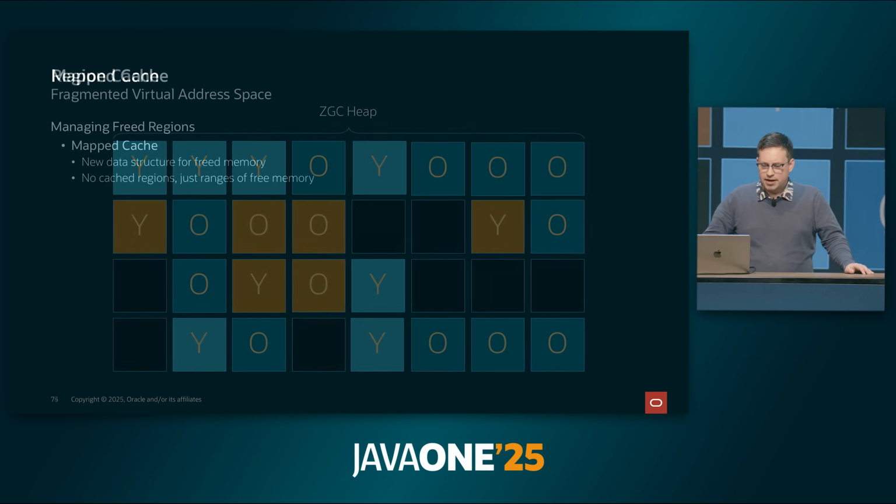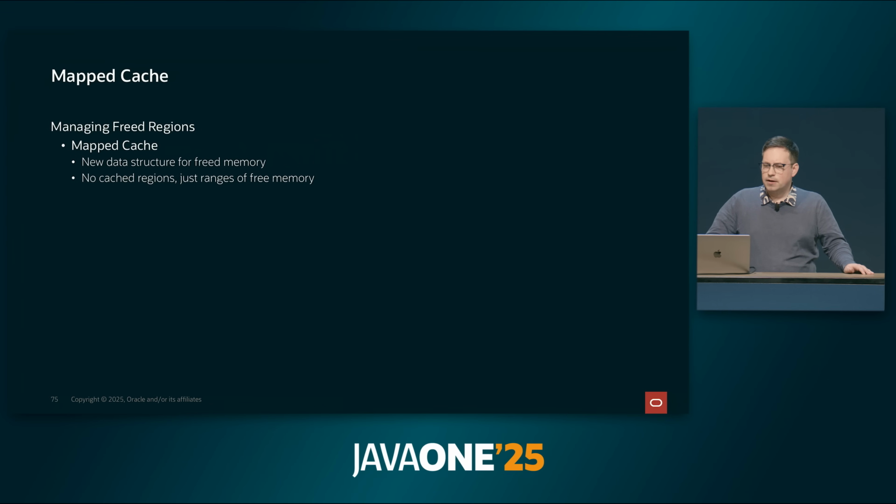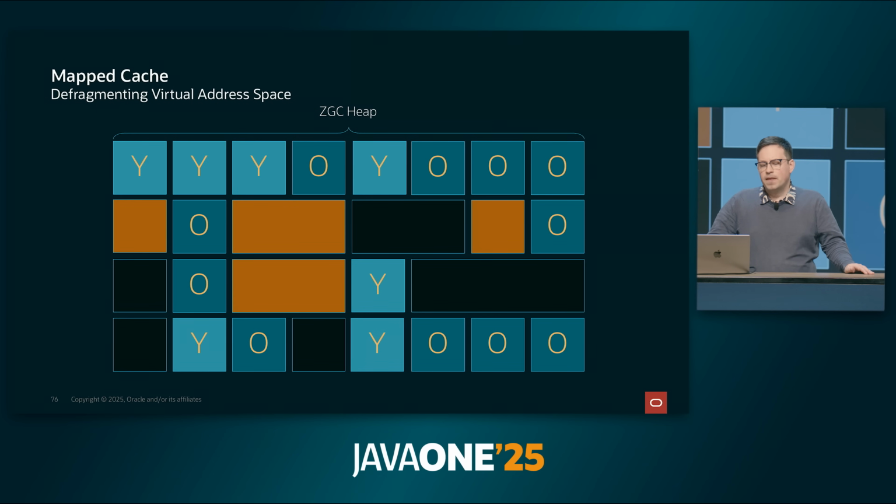So we spent some time on figuring out what to do about this and came up with a new concept that we call the mapped cache. Instead of caching the regions, we're caching ranges of virtual address space that's mapped. And with this scheme, we can represent the free memory in a different way that allows us to allocate memory in a more fragmentation-tolerant way.